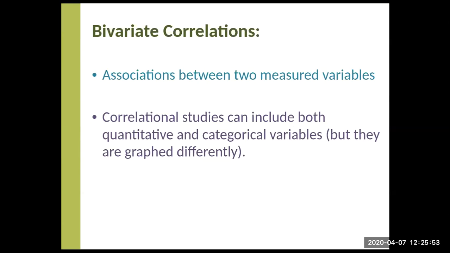If it is a bar graph, that does not automatically mean, and you cannot automatically assume, if you're a good consumer and producer of research, that it's an experiment or a causal claim. Correlational studies, as this slide says, can include both quantitative and categorical variables, but they are just graphed differently. What makes it an association claim is the fact that there are two measured variables.